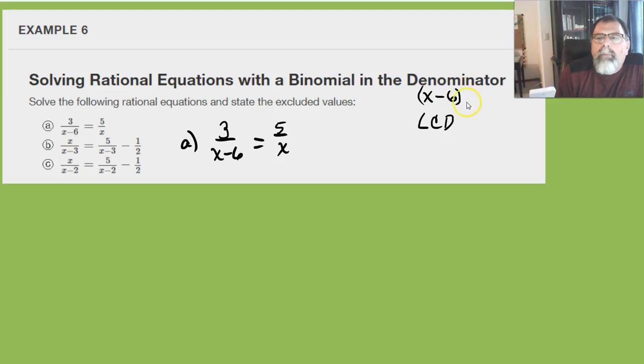Think of that as one number. And then x is a different number. So the LCD is going to be, I need 1 x minus 6, and I need 1 x. So typically I write the x in front. So I'm going to multiply both sides by x times x minus 6.